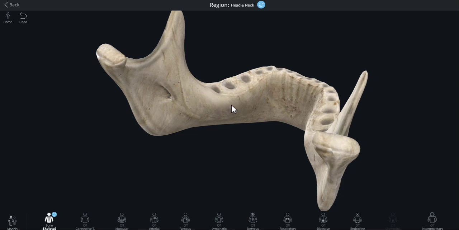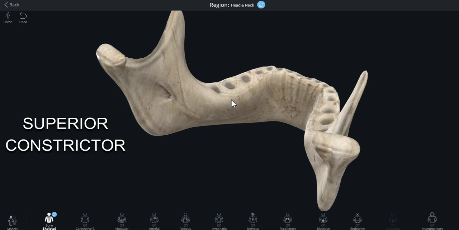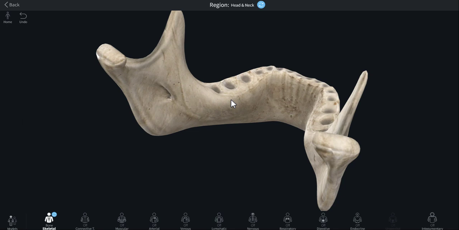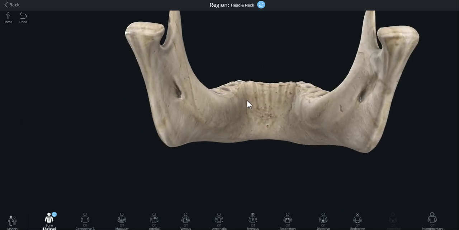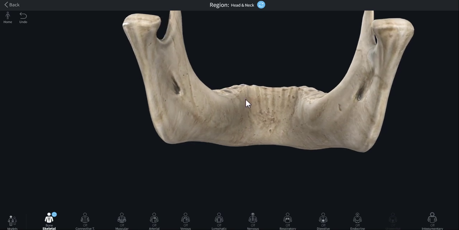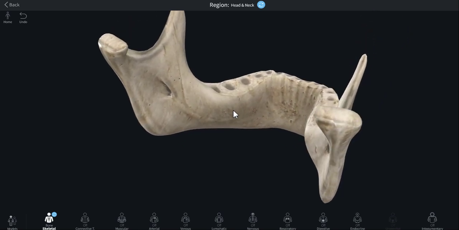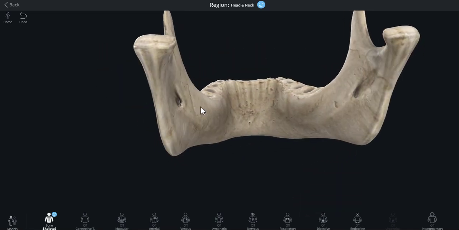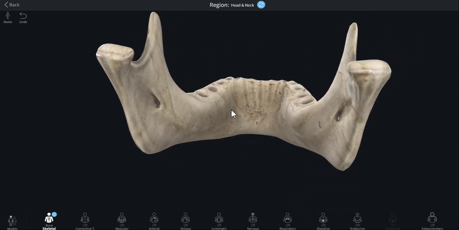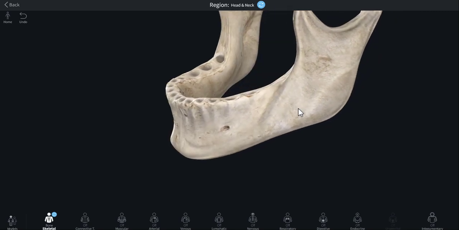That is known as the superior constrictor muscle. Very important. So the superior constrictor muscle is related to the mylohyoid line posteriorly, whereas the mylohyoid muscle is related anteriorly.